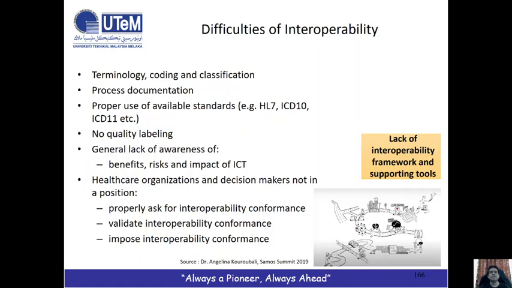Document means we have a logging system, a registration system. We log when the patient arrives in the hospital, what time, which department they want to go to, what services they require.